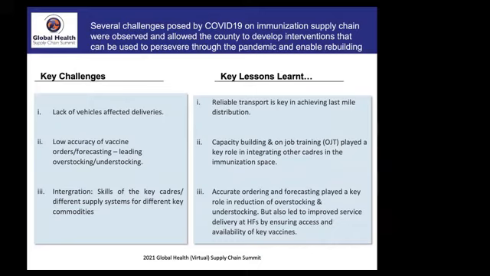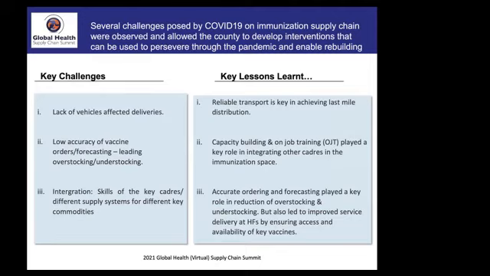And accurate ordering and forecasting of the commodities really played a very key role in reducing the overstocking and the understocking, because at a given time, every healthcare worker knew when to order and how much to order based on the minimum stocks and the maximum stocks that each level was required to stock at a given point in time.